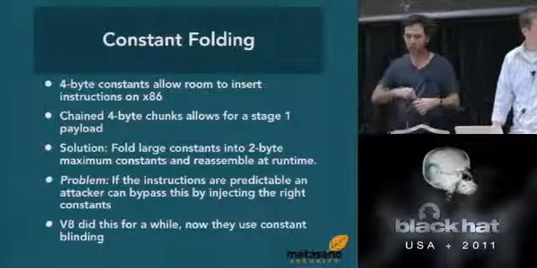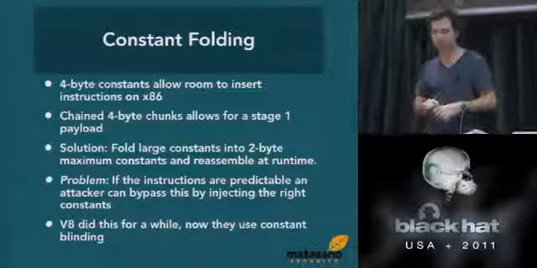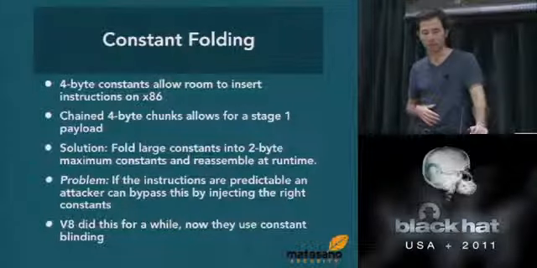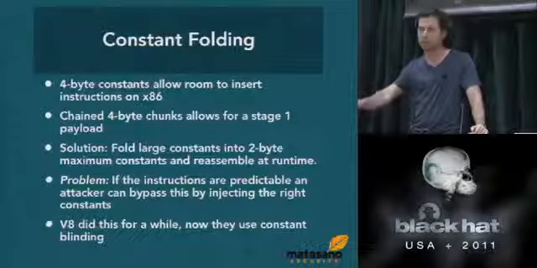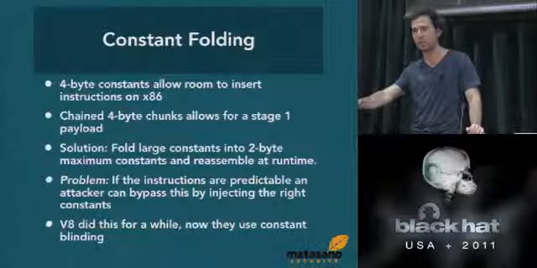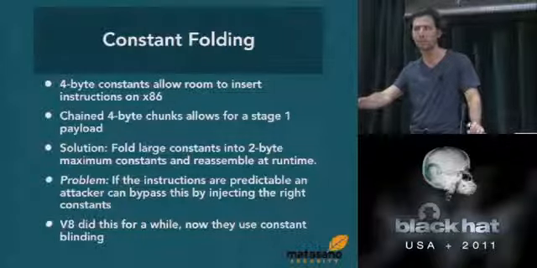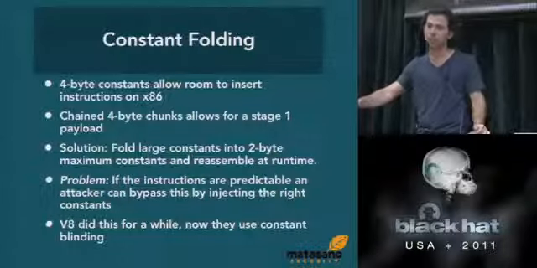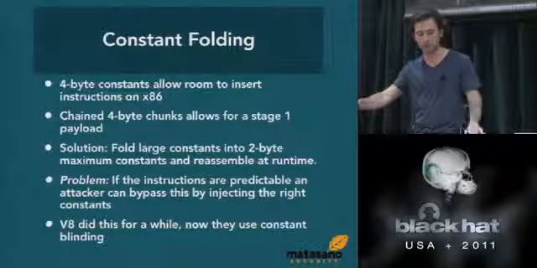So one of the first protection mechanisms created for JIT engines is constant folding. This was made to prevent an attack similar to JIT spray, where you're providing a lot of constants with your own code, and you're trying to place continuous blocks of code into your emission.